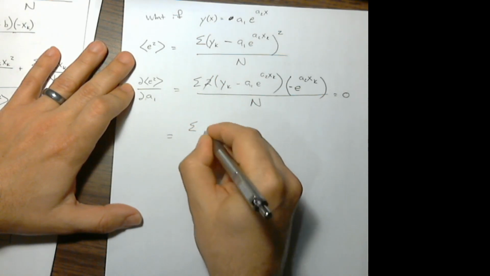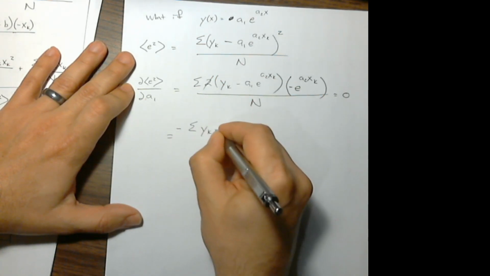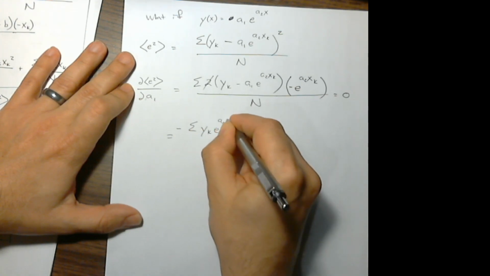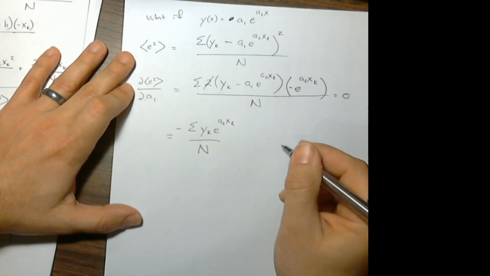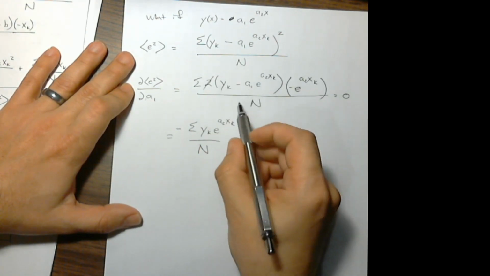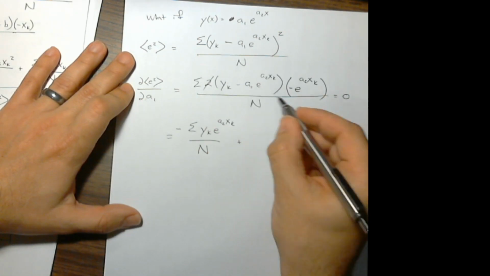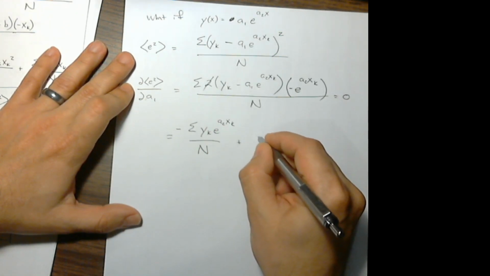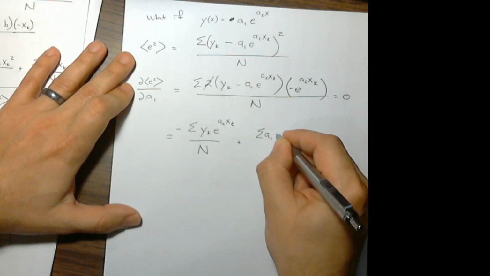So let's actually write this out and see what goes wrong, because something does. Okay, there's my first term. And then I have, let's see, I'm going to have sum of A1.